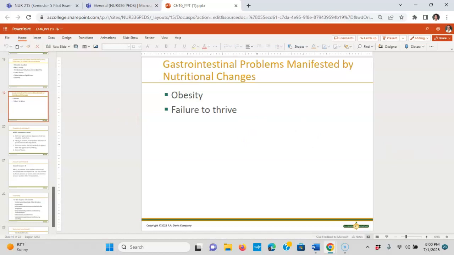And then, of course, your two issues with nutritional changes, either obesity or failure to thrive, right? So those are pretty easy. Trying to encourage weight control for babies and children versus your failure to thrive. So a failure to thrive is less than 5th percentile on those grids that we talked about.